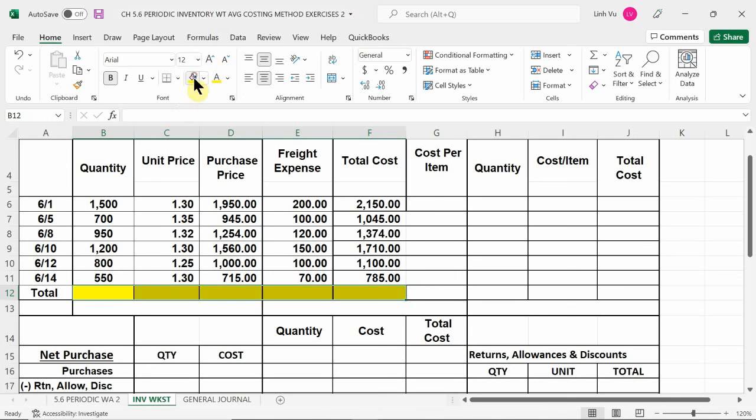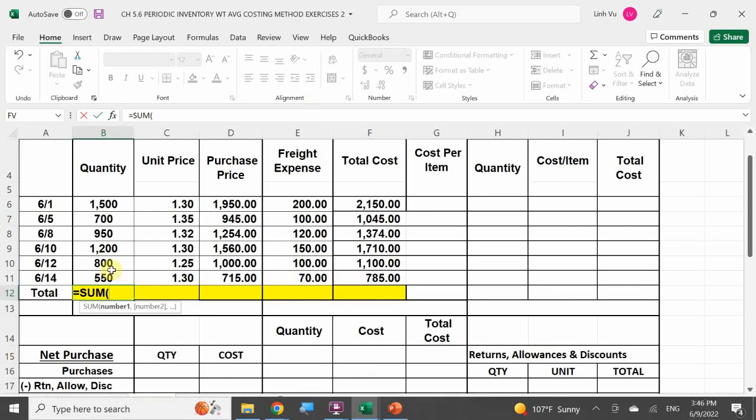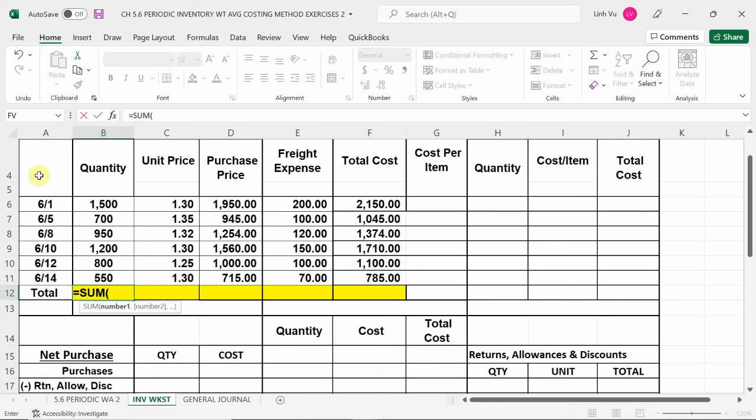Okay, so in this case, what is my total quantity purchased? 15 plus 700 plus 950 plus 1200 plus 800 plus 550 gives $5,700.